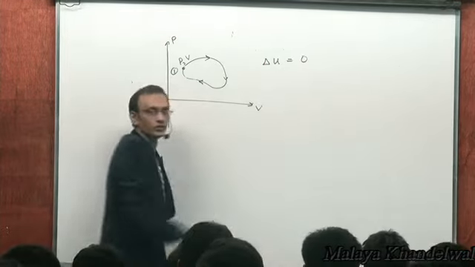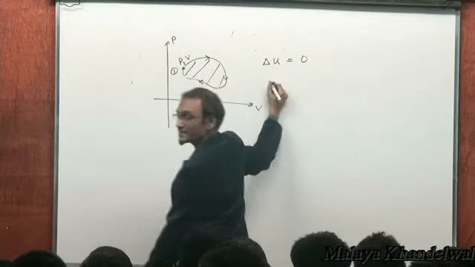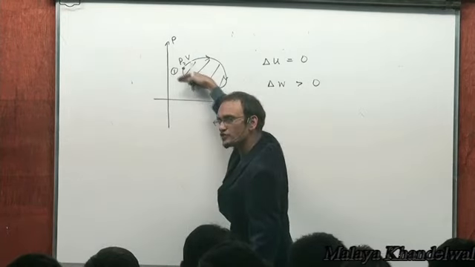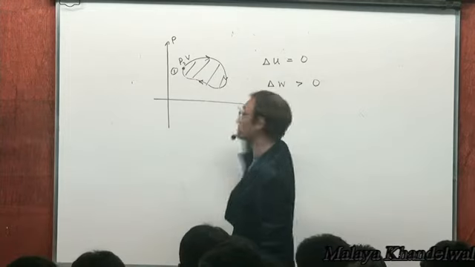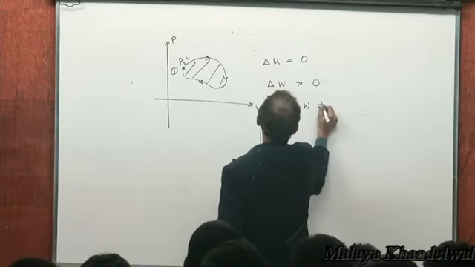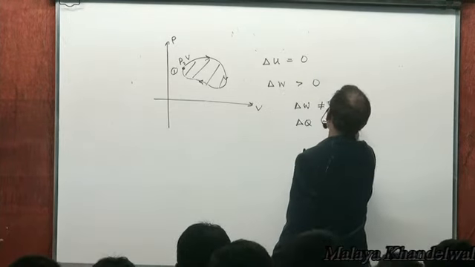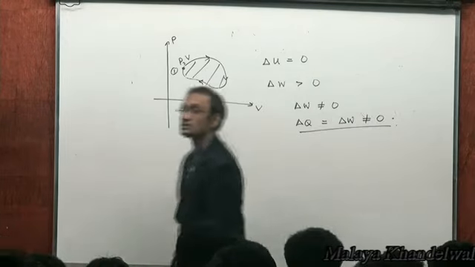Coming back to 1, delta U is 0, change in internal energy. But work done is not 0, work done is this area. In this case, for example, work done is positive. If it was driven anti-clockwise, work done would have been negative. But non-zero work done, that's the point. Work done is not 0. And therefore, heat supplied, which is equal to the work done, is not necessarily 0.